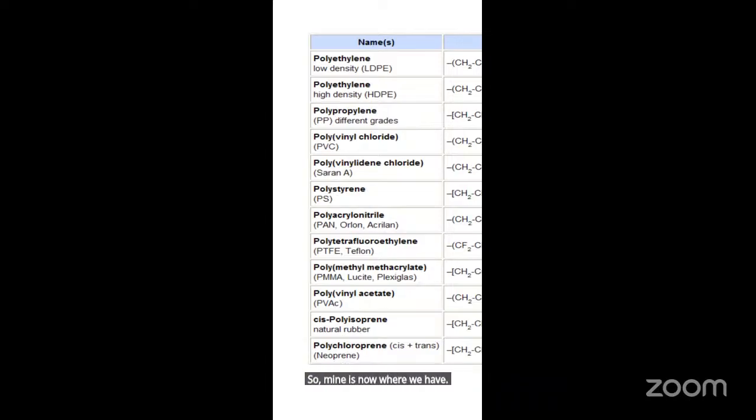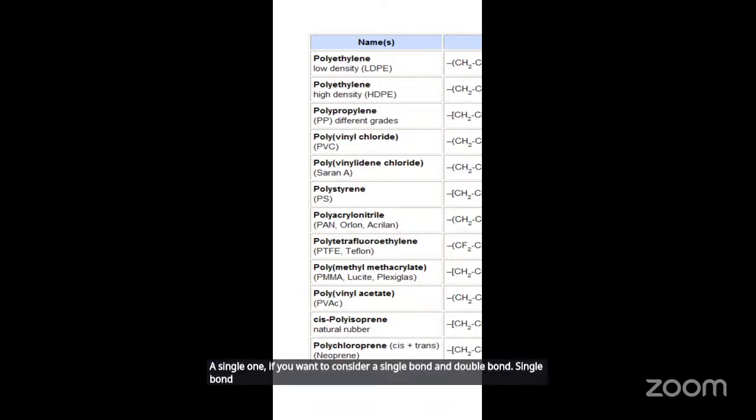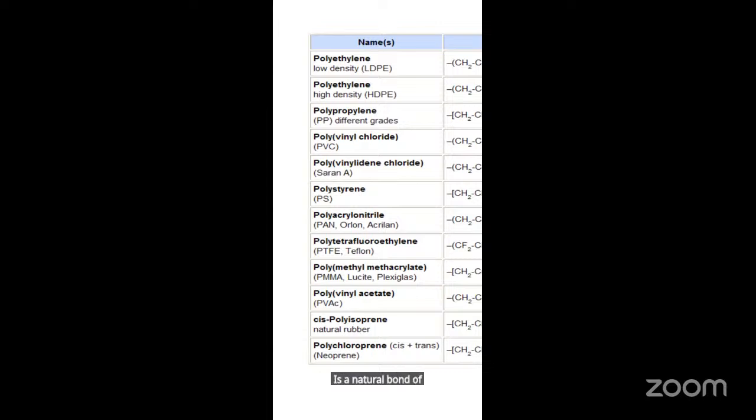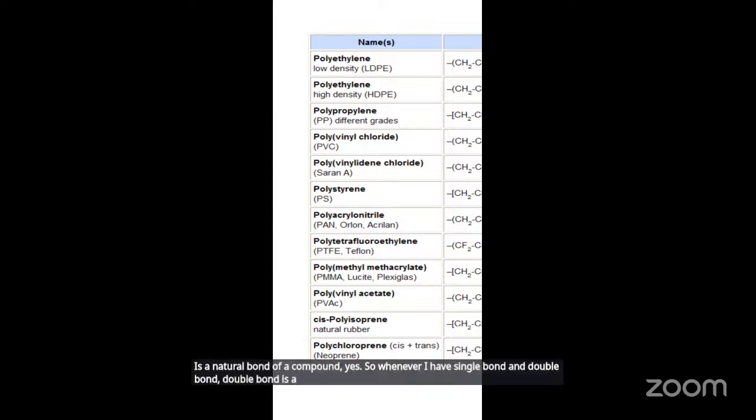When we have single bond and double bond, are we still going to consider the double bond first? Single bond is something you don't consider at all because it's not a functional group; it's a natural bond of a compound. So you go for the double bond, since it is a functional group we are dealing with, when you have two functional groups.